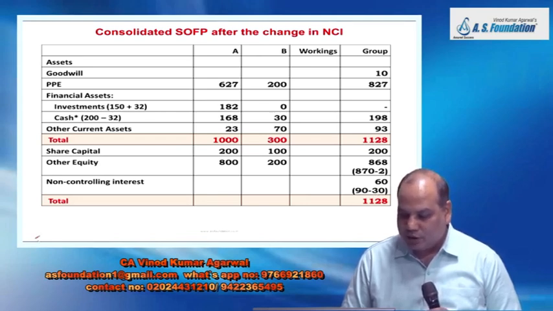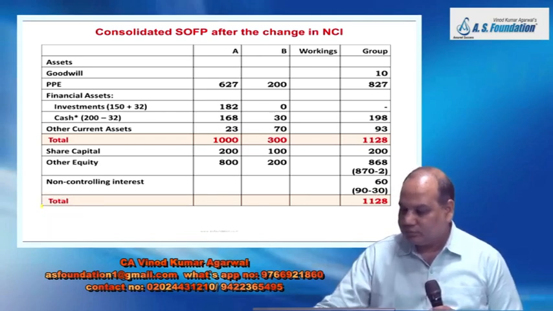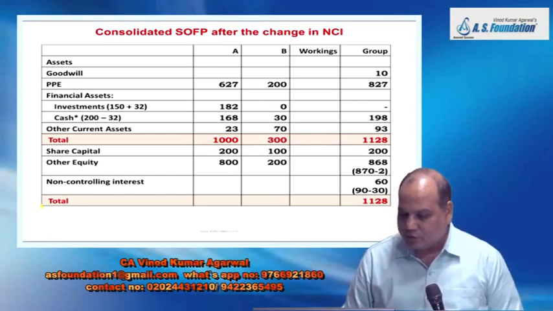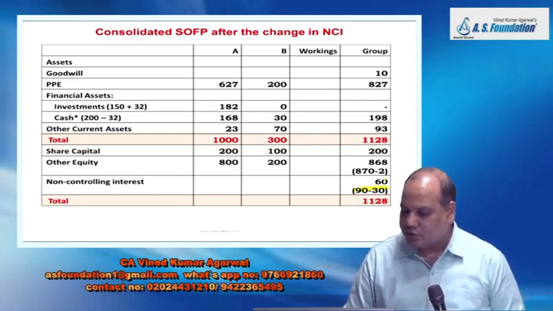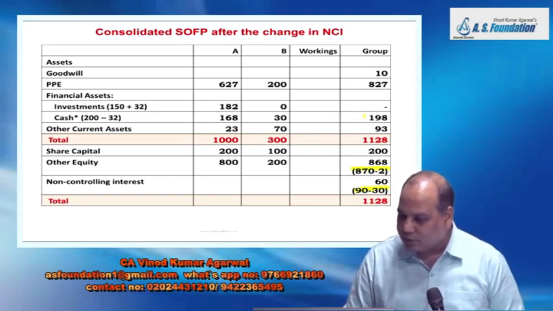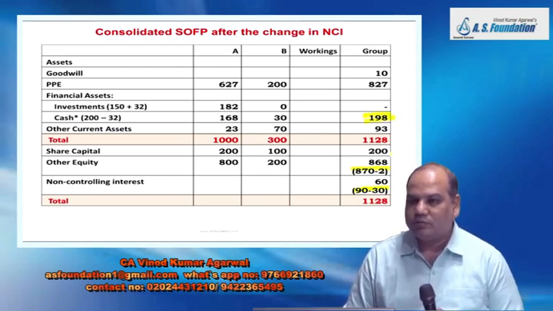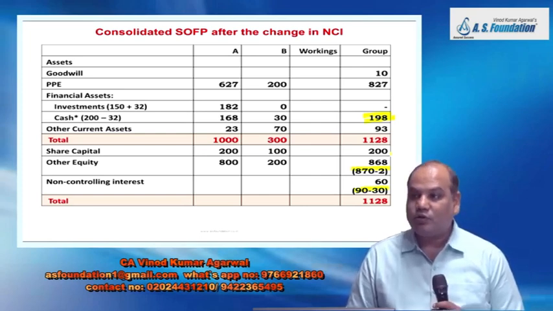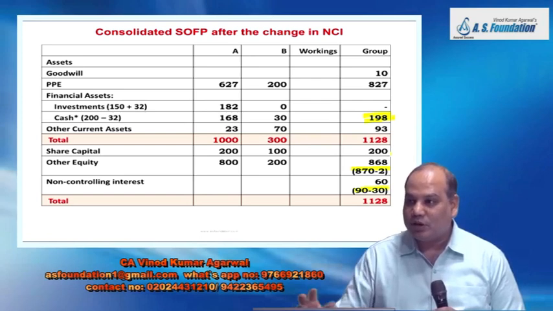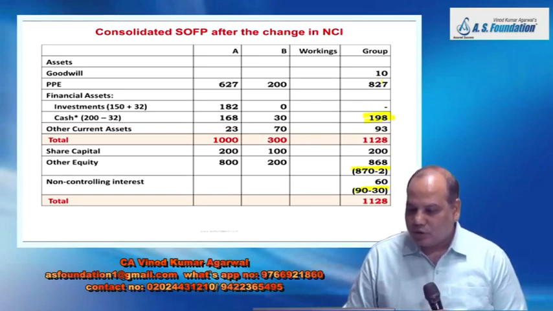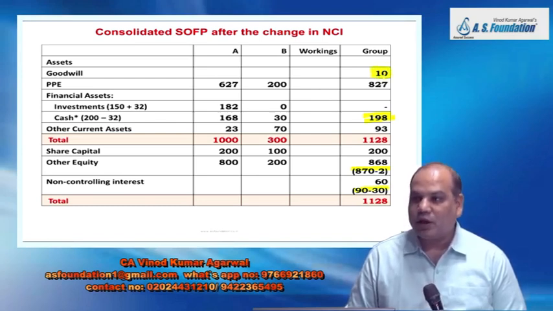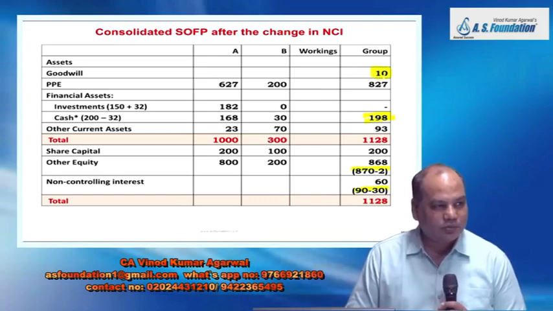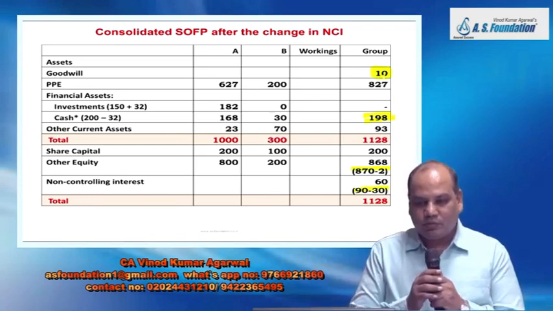So the effect of the 3 entries you have to give here: NCI will be affected, other equity will be affected, cash and bank will be affected. Remaining figures will remain the same in case there is no loss of control, only an increase in control. In IFRS 10, we do not adjust the goodwill if there is a subsequent acquisition after we have already acquired control. Now we will continue tomorrow.